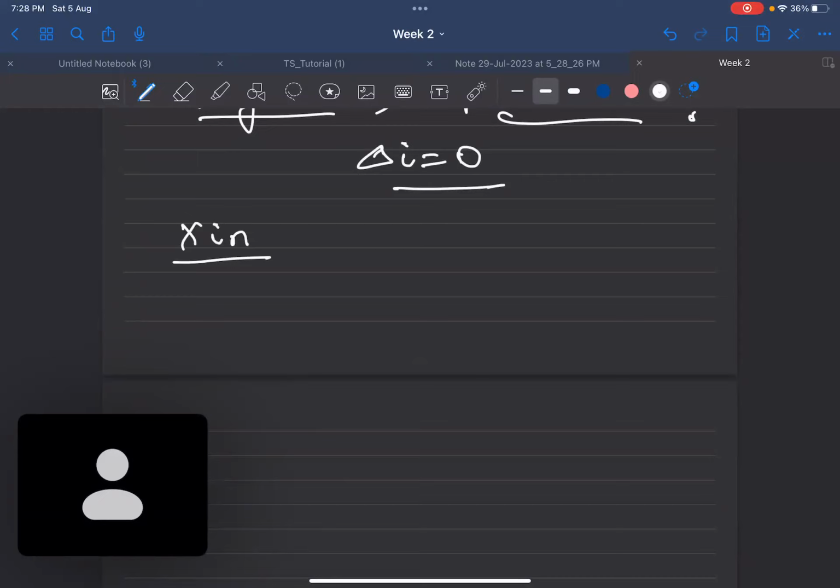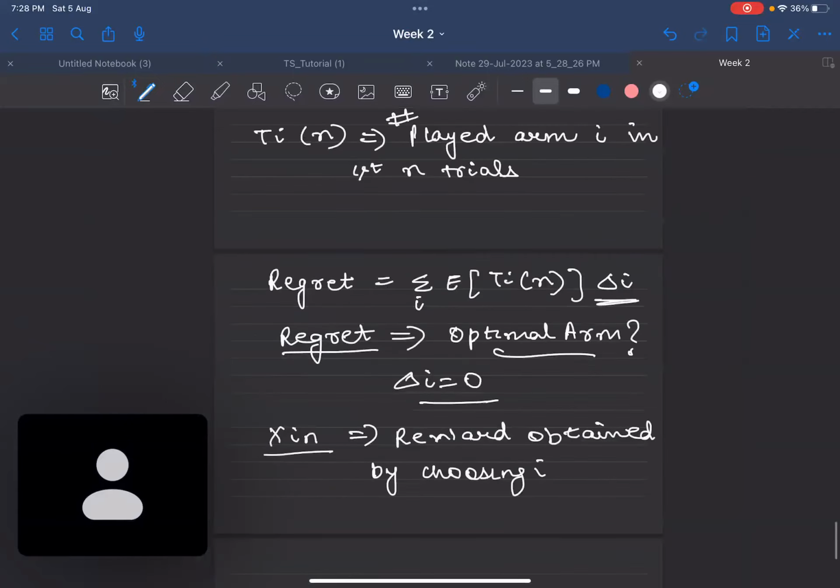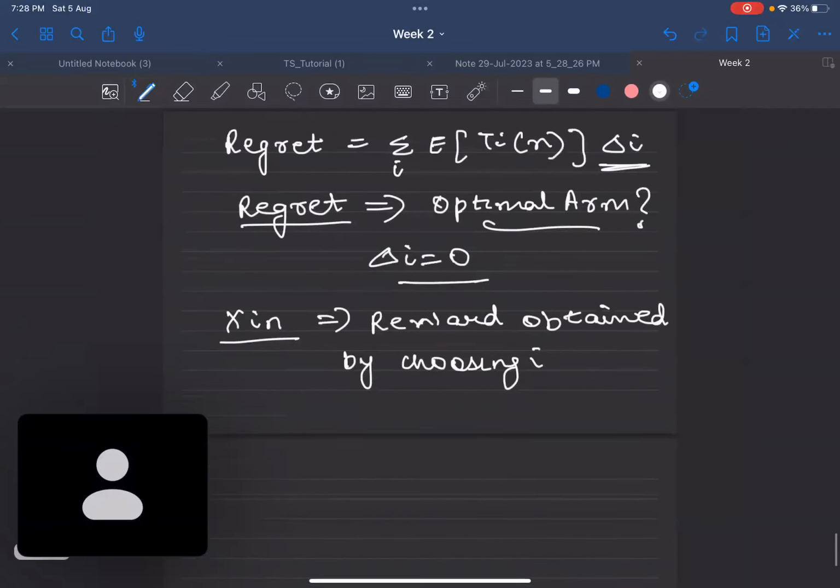Okay, what is X_I of n? The reward obtained by choosing the arm I at stage n. Yes, simply the reward obtained by choosing the arm. These are just the terminologies, as I thought you had done it, so let's revise that.